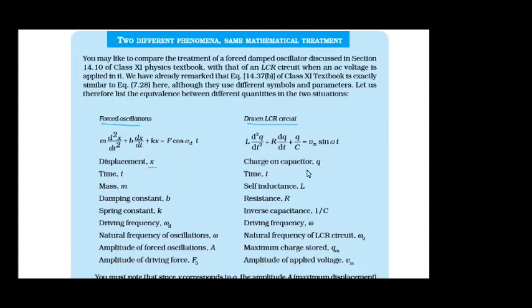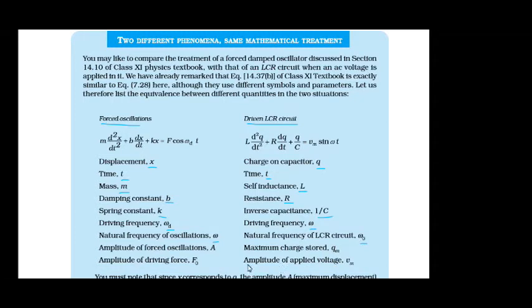Displacement x can be written as the charge on the capacitor q. Time is time in both the processes. The mass m can be represented as self-inductance L, damping constant b is equal to resistance R, spring constant k is equal to the inverse of capacitance, 1 upon C, driving frequency omega D is equal to driving frequency omega, natural frequency of oscillation omega naught is the natural frequency of the LCR circuit.